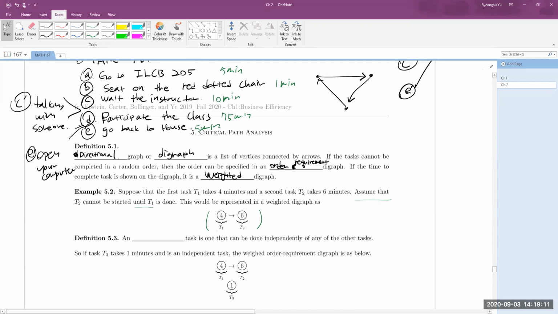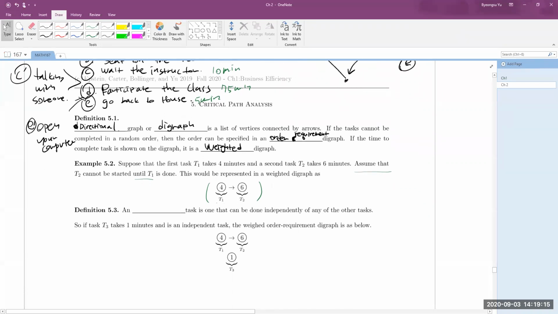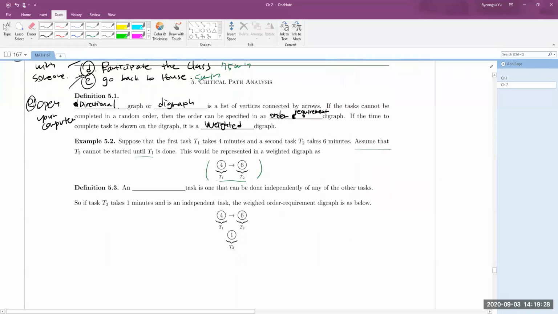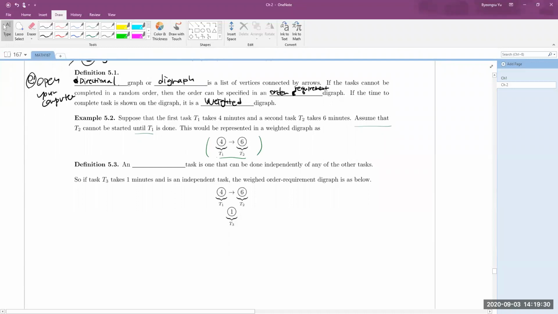You must be in the classroom to sit on the chair. So the task T2, in this case sitting on the chair, cannot be started until you are in the classroom, right? So in that case, we represent it as a diagram with an arrow.